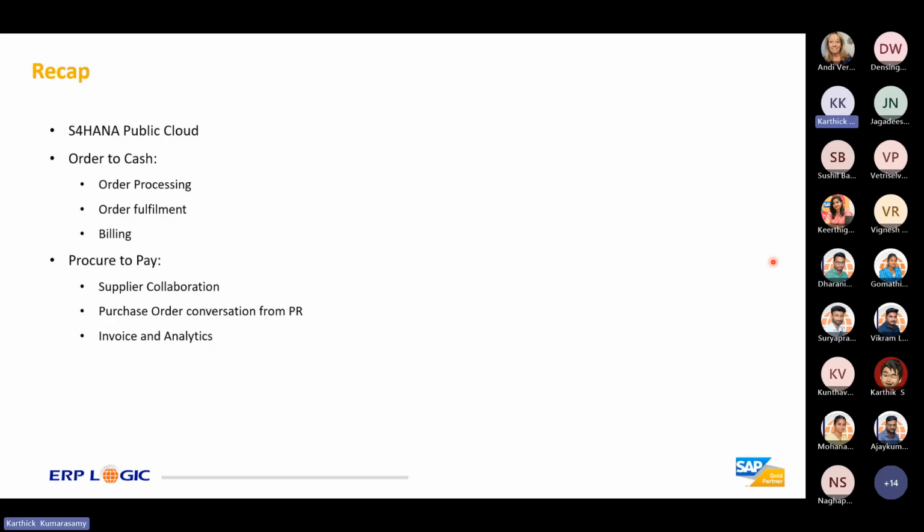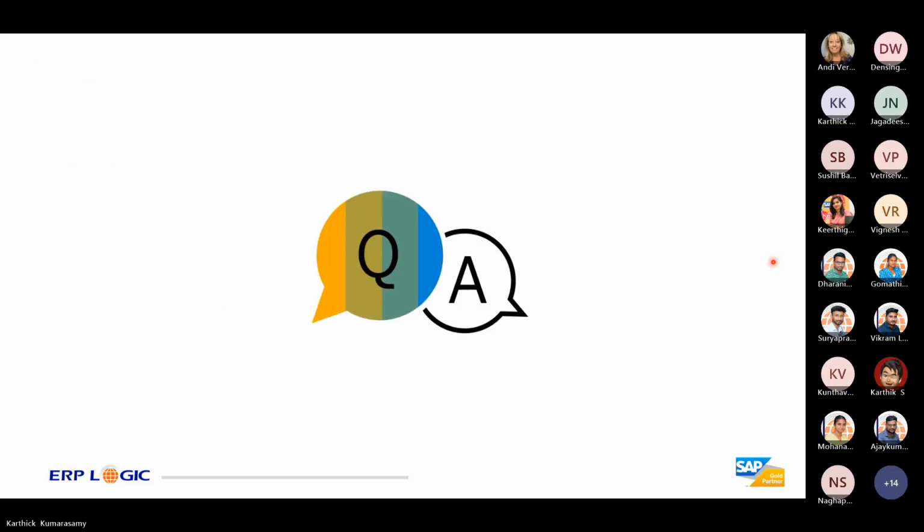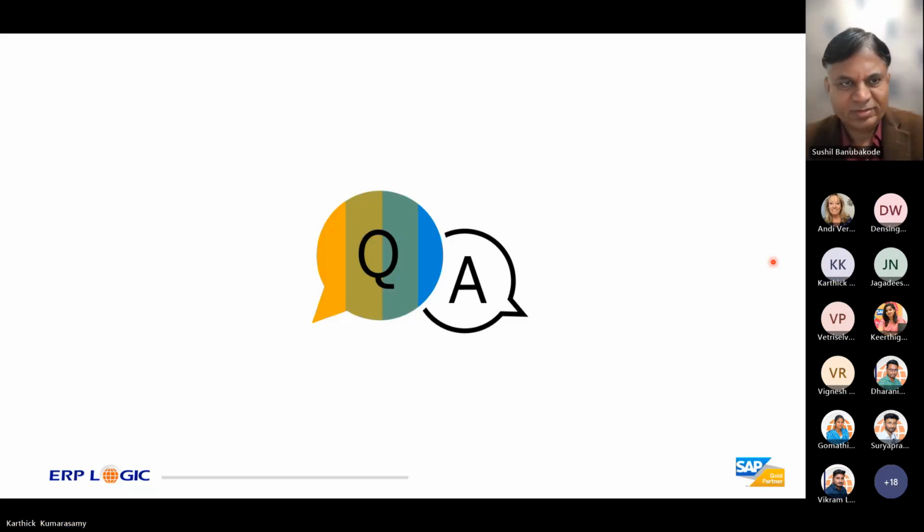The last one we saw was procure to pay, which is collaboratively integrated with the suppliers and effectively operates the requisitions. Based on that, the order is converted and taken through to invoicing and the analytics areas. Now, if you have any specific questions, you are always welcome to ask, and we are ready to answer them.